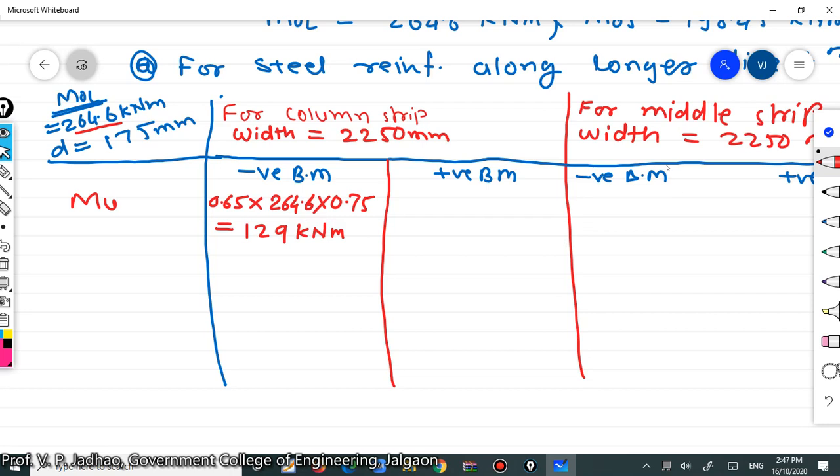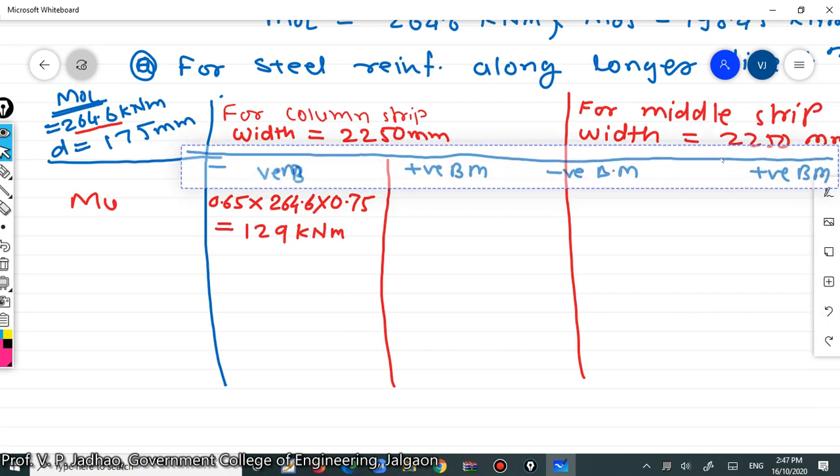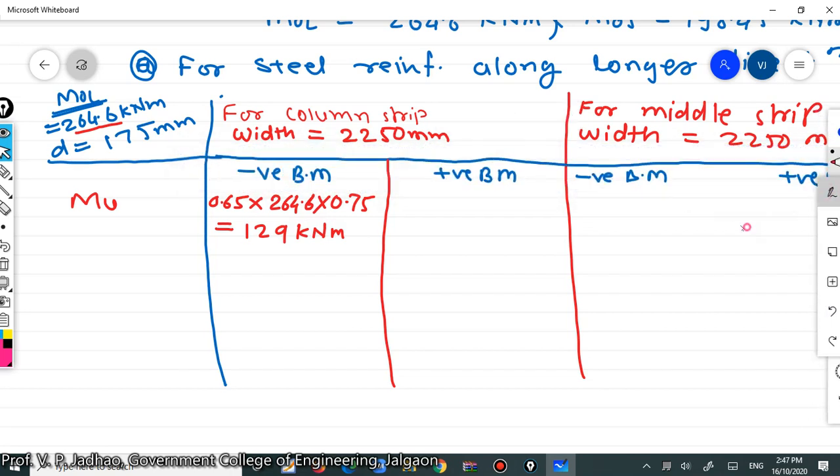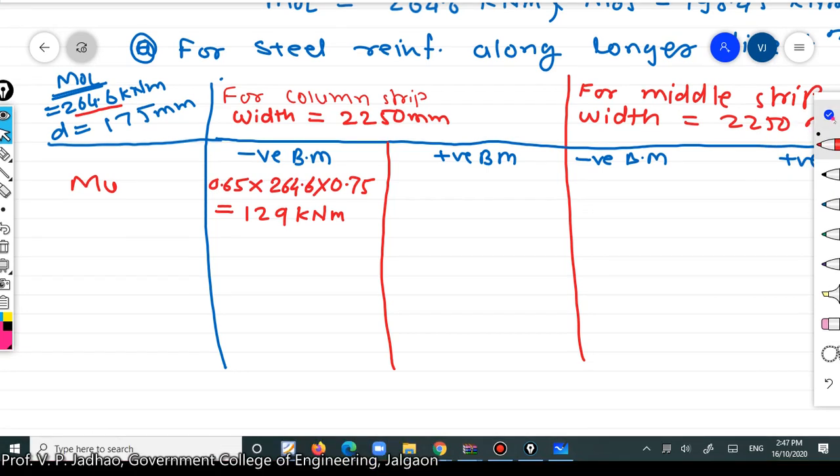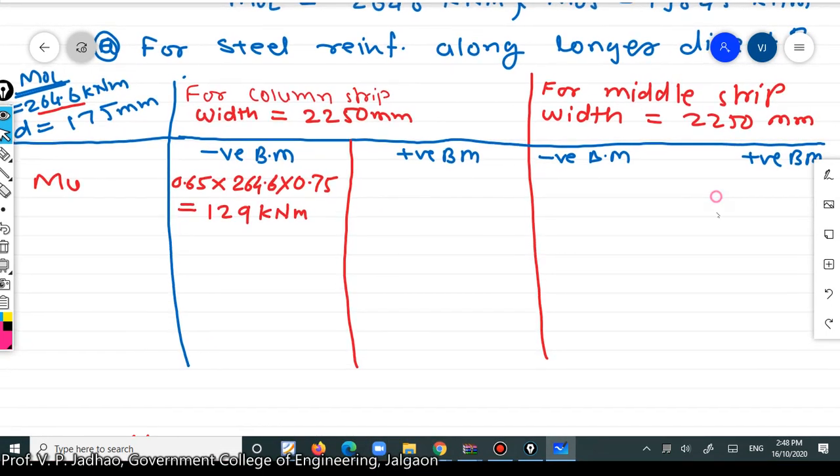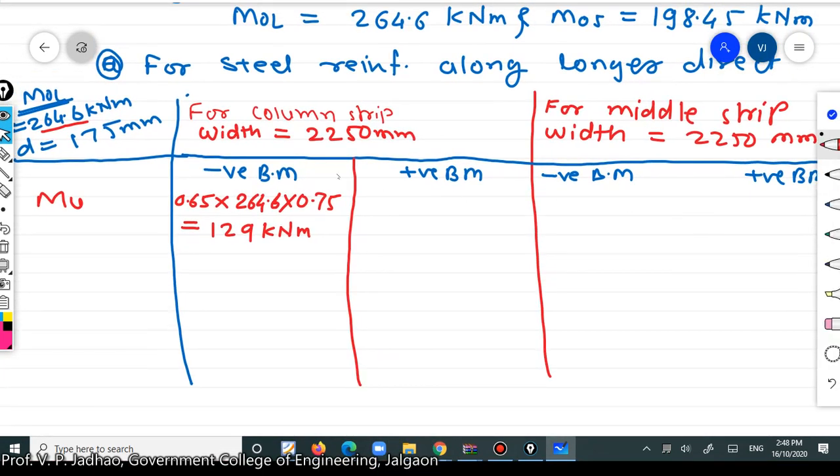Now out of this 0.65 into 264.6, 75% is taken by the column strip here, and the remaining will be taken by the middle strip.